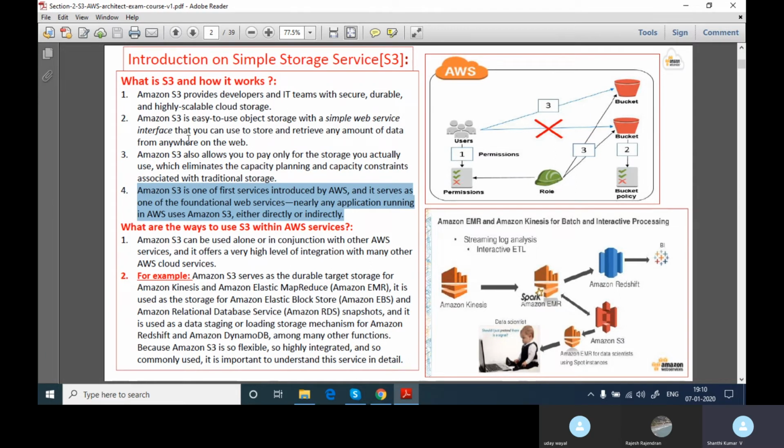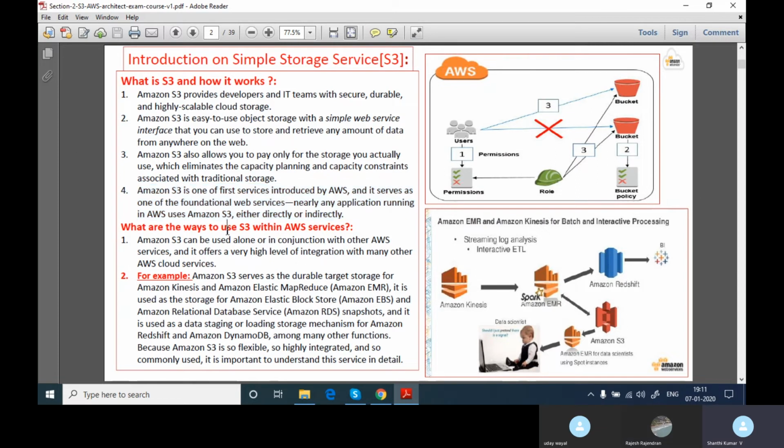That time they invented S3, maybe around 2003 or 2004. Then they converted this storage into web services, meaning access through the browser. Whereas in the traditional systems, we used to access through FTP or network drives or a VPN connection. But here they provided a web-based interface when they introduced the S3 service with web services.